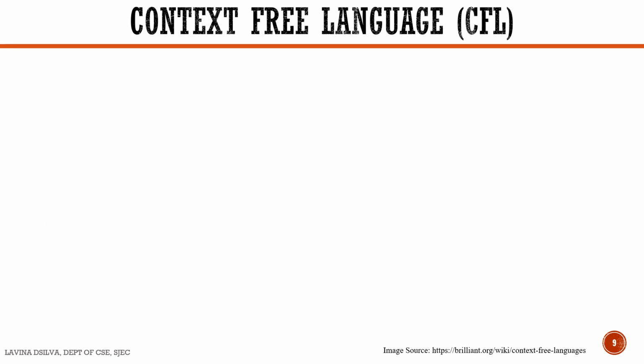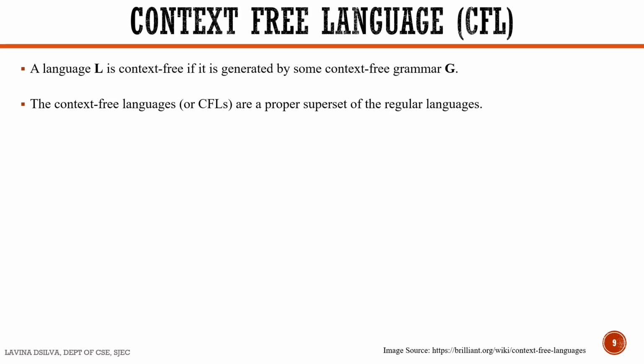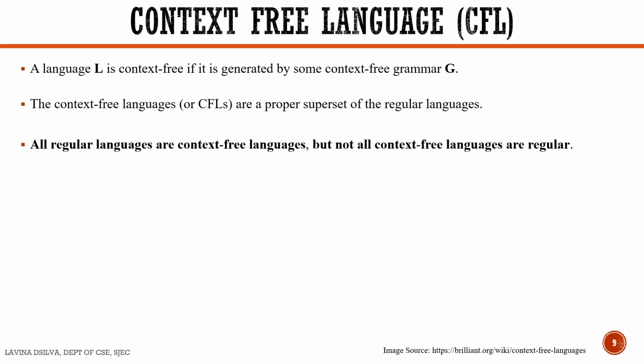Now what is a context-free language? A language L is considered a context-free language if it is generated by some context-free grammar. And a context-free language, that is a CFL, is a proper superset of the regular languages. So we can conclude that all regular languages are context-free languages, but not all context-free languages are regular.